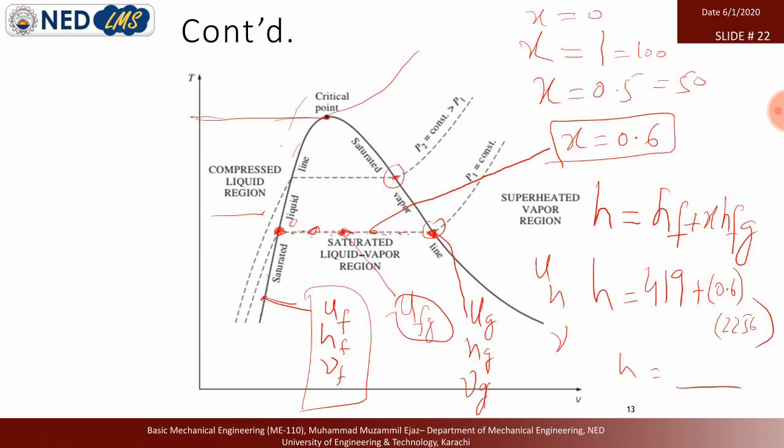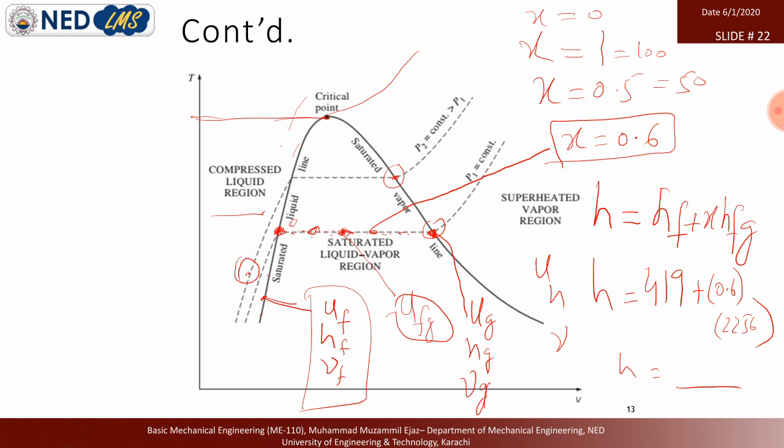So this is how we calculate the in-between values. For these end points we don't need to apply the equation. We directly get the values from the steam table. But what about at this point?